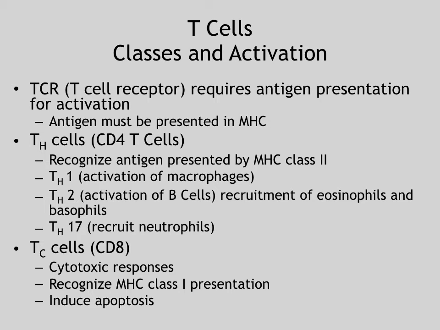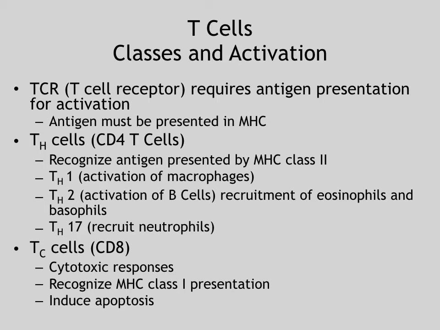Cytotoxic T cells, known as CD8 T cells, recognize antigen being presented on an MHC class I. And all they do is find a cell, like a liver cell that's infected by hepatitis. That infected liver cell will present hepatitis antigen on its MHC class I. A cytotoxic T cell will recognize that MHC class I and recognize it has an antigen bound to it, and it's going to attach.